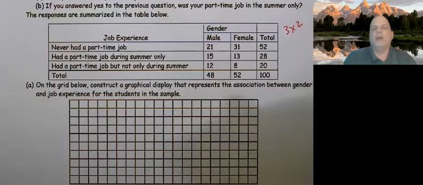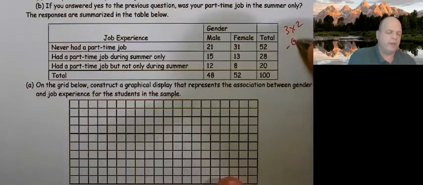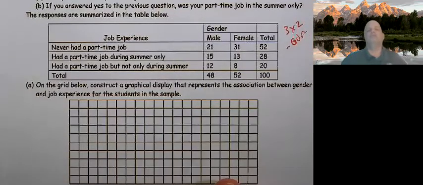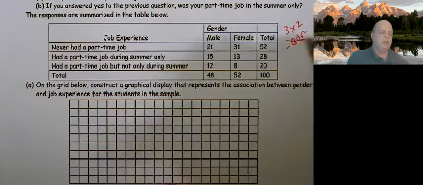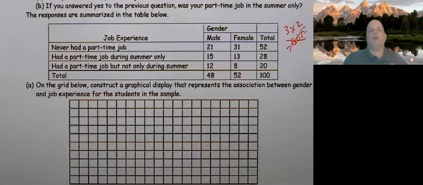I also know that it can't be goodness of fit. There's no way this can be goodness of fit because I have too many. One of those has to be a 1 in order to be goodness of fit.